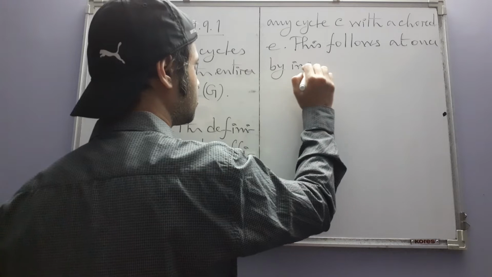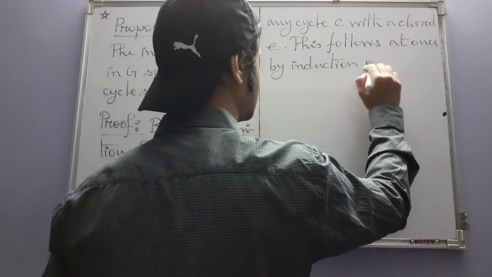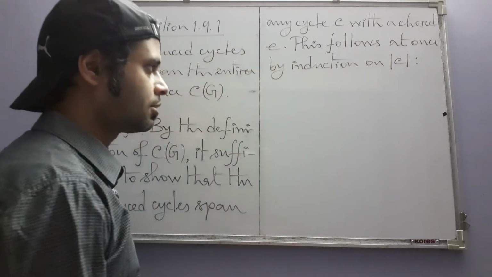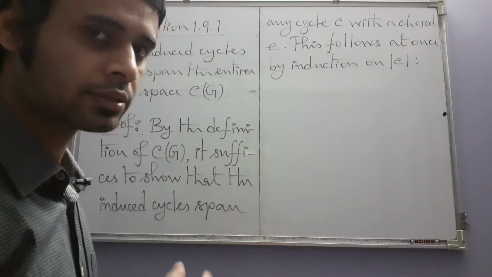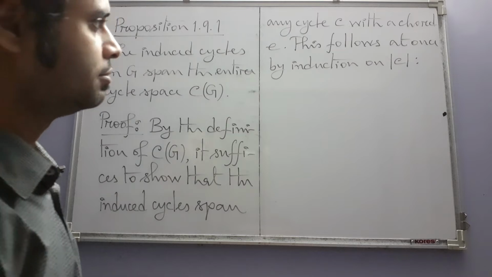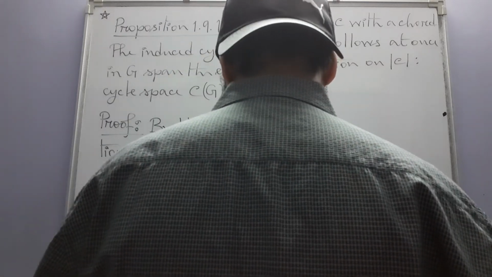by induction on the size of the cycle, for which you can take the size of the cycle either as its number of vertices or its number of edges, same thing. But exactly how? Like this.